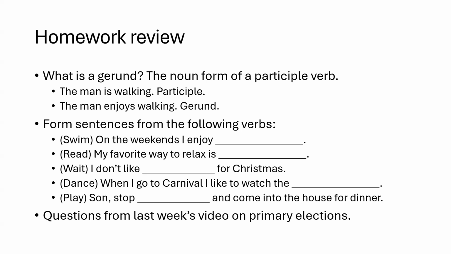Raise your hand if you want to answer, or you can speak out. All right, I'll answer the very first one since you seem to be shy. On the weekends, I enjoy swimming. Swimming is the gerund form. You enjoy a thing. I enjoy food. I enjoy swimming.